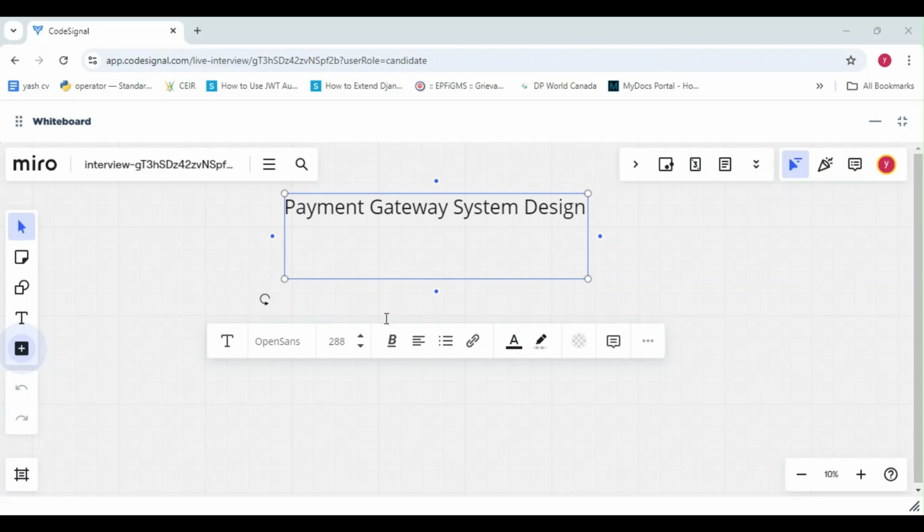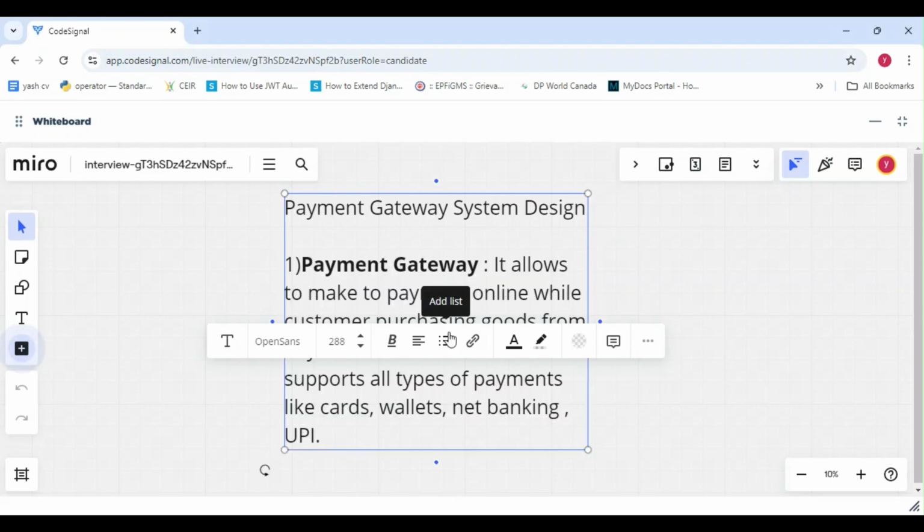So in a nutshell, it allows us to make payments online for purchasing goods, and it supports card payment, wallet payment, net banking, UPI, and many more. So let me write it.